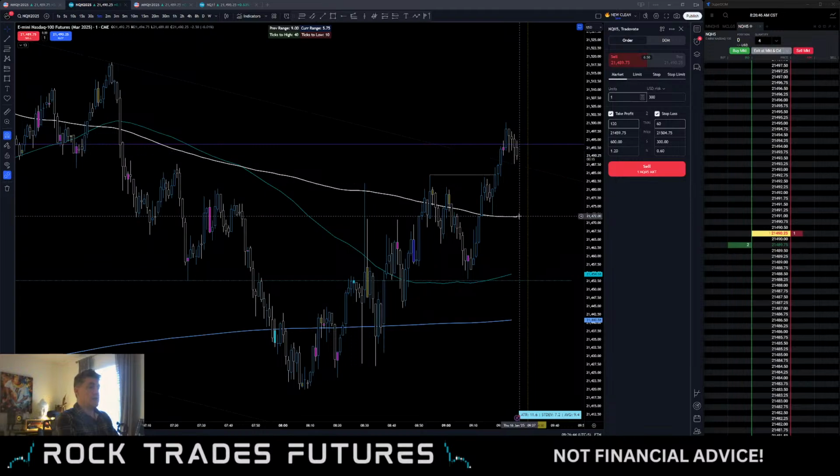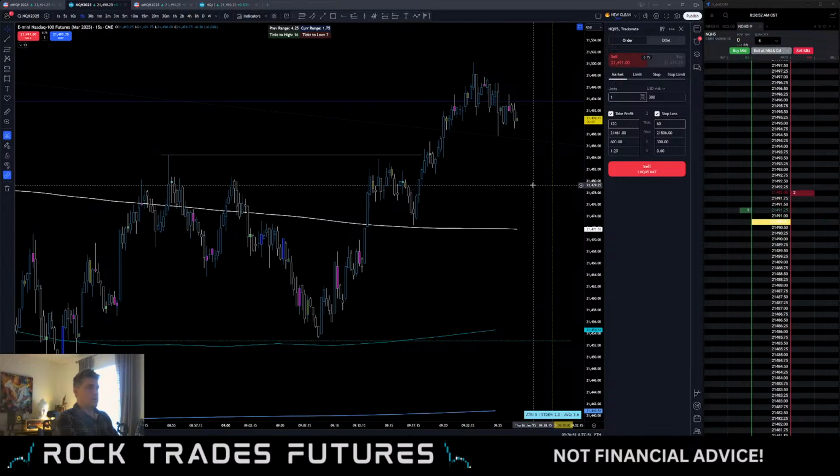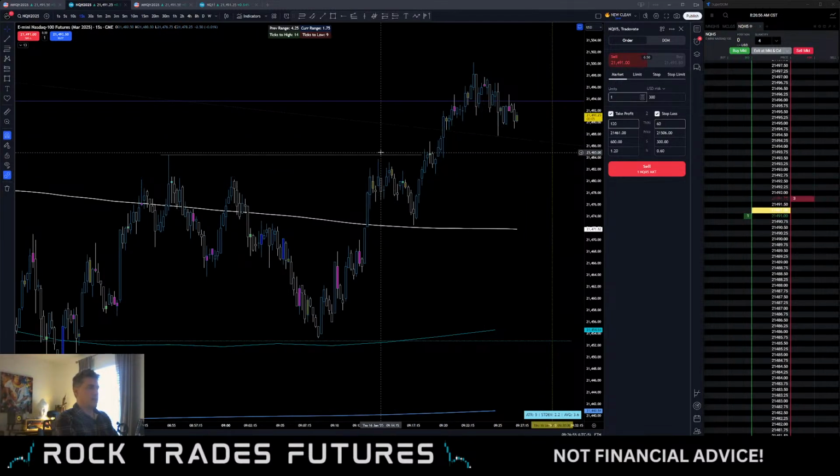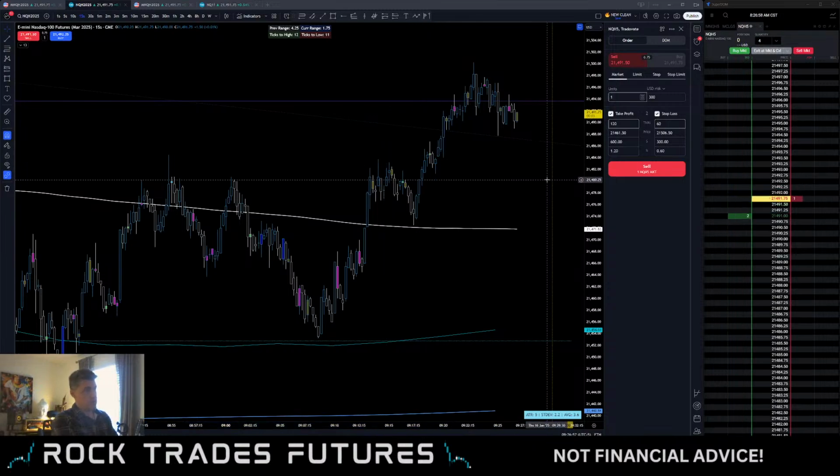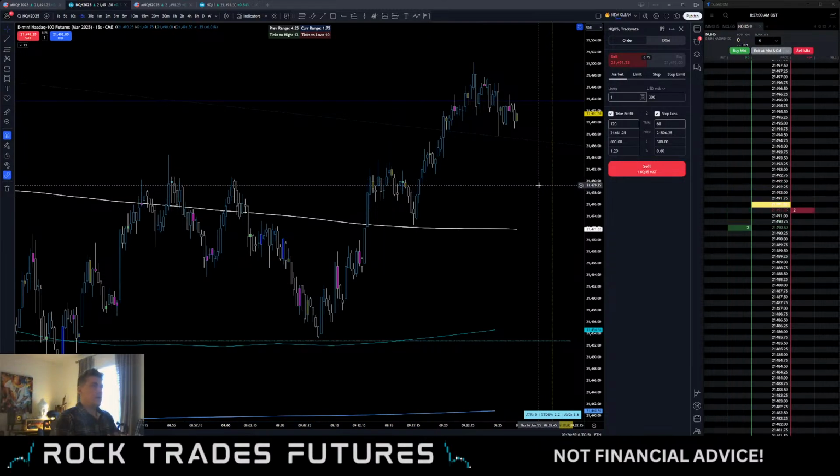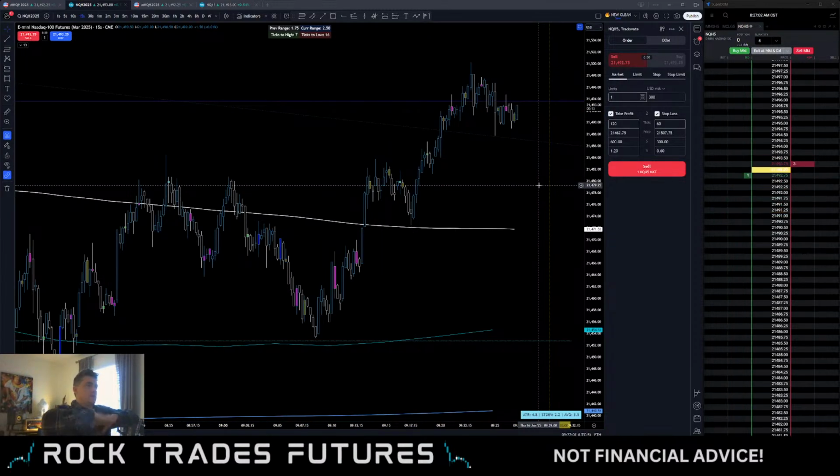So actually, a quick push down here right now, quick dump, low risk long trigger right here that I can get break even on. See, that's a long trigger right there, but just not in the place where I'm going to get interested just yet.